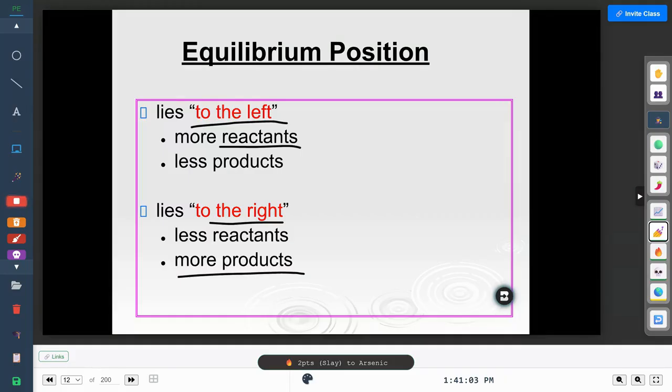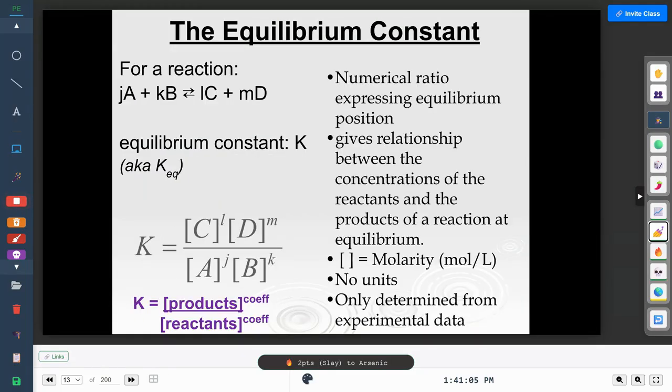Now let's talk about what our equation is to describe an equilibrium. Our K is a value that we call the equilibrium constant. Notice that we have specifically a KEQ here. There are a few different types of Ks that we're going to talk about this year. This is one of them.